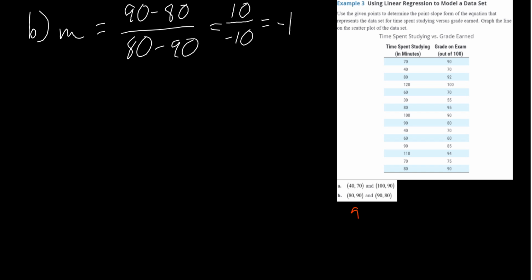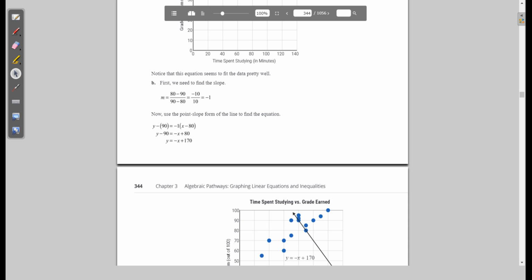I'm not going to write the point slope form this time because it's on the previous page. So y minus 80 is equal to my slope, which is negative 1, times x minus 90. Let me just double check to make sure that I'm not doing what the textbook is doing. Yeah, okay, good.